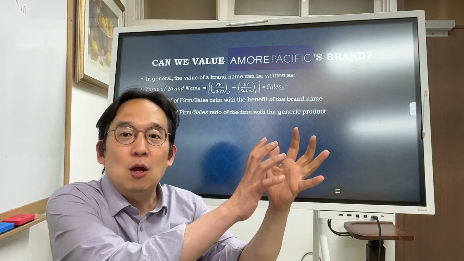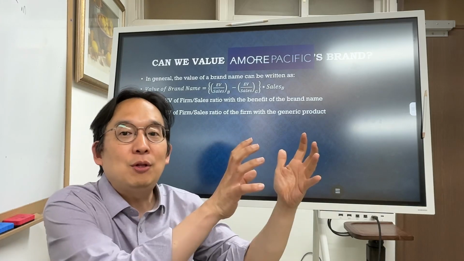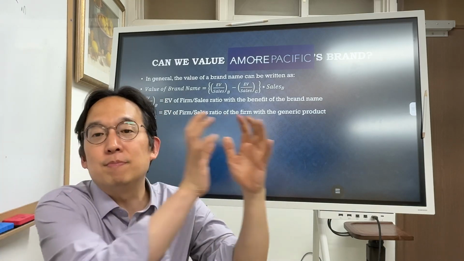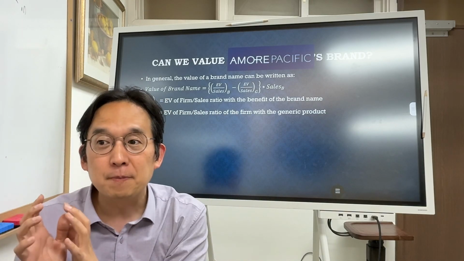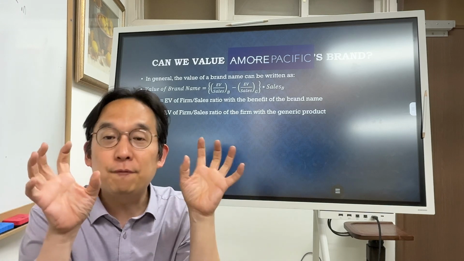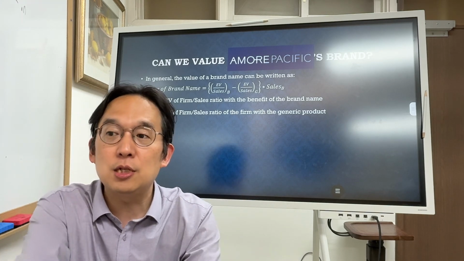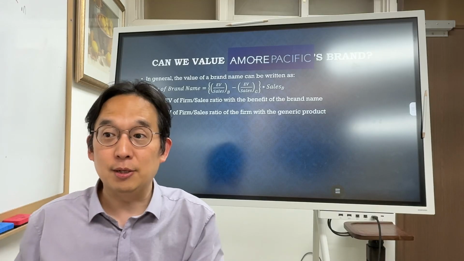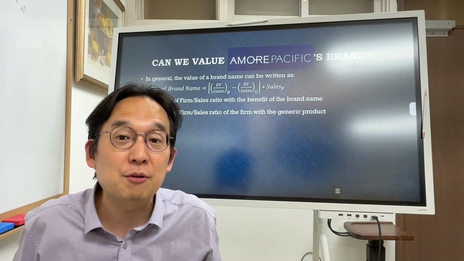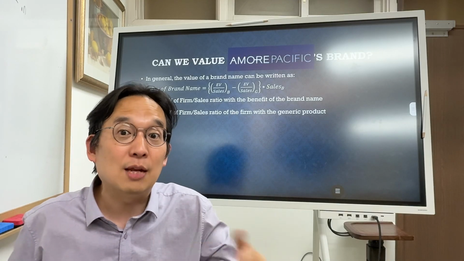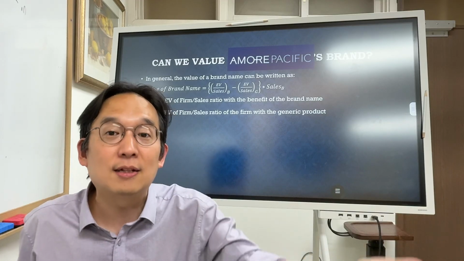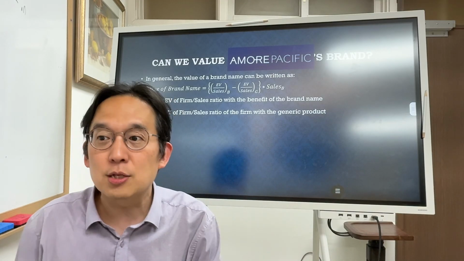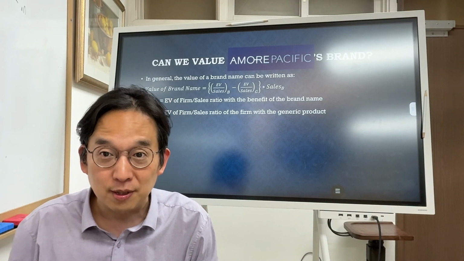With brand equity, without brand equity, that multiple may be different. So take the difference of EV to sales ratio, and multiply it by your sales amount. After all, your brand equity is realized through selling more products to retail customers. That's why we use the sales multiple here.